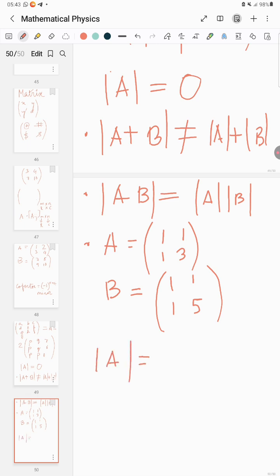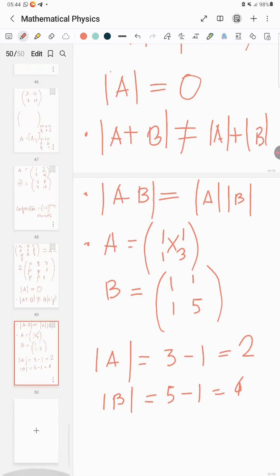We cross multiply 1 into 3, which is 3, and subtract it with 1 into 1. So basically this into this minus this into this, right? Which is 2. Now determinant of B in a similar way would be 5 into 1 minus 1 into 1, which is 4. Alright.